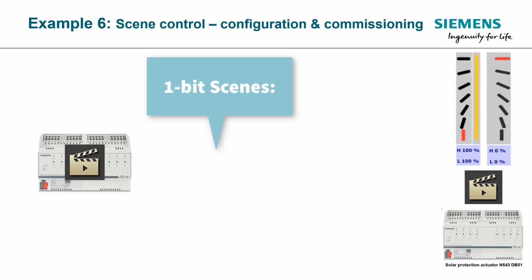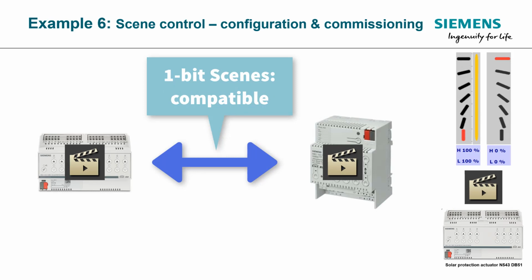The 1-bit variant is available for compatibility reasons with older actuators. Earlier sunshade actuators only had the 1-bit preferred position control.